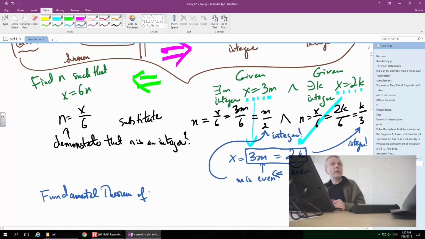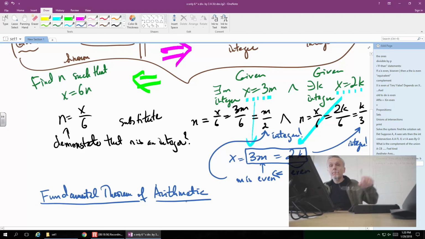It's about factorization of integers. What do we know about factorizations of integers? So they can be factorized into integers in a unique manner.